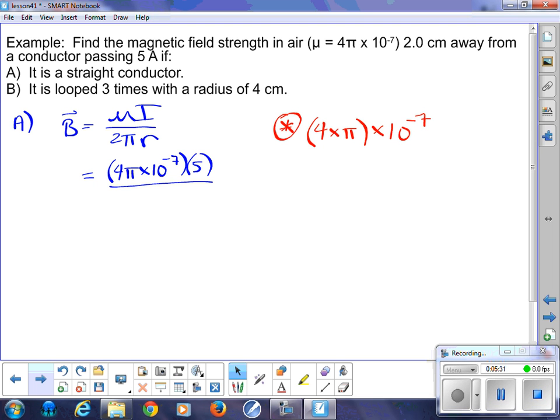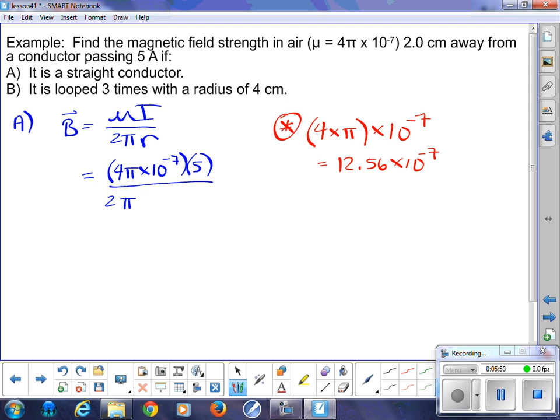So you might want to do that with the calculator. And I think what I've done in past years is I've just said that for the magnetic permeability of air, let's just call this 12.56 times 10 to the negative 7 and call it a day, rather than everyone rounding to different decimal places.